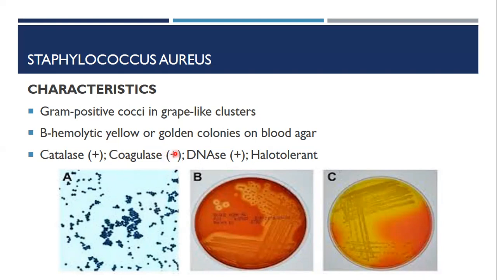Another enzyme that Staphylococcus aureus contains is DNase. It's actually a virulence factor of your Staphylococcus aureus, capable of destroying the host DNA.